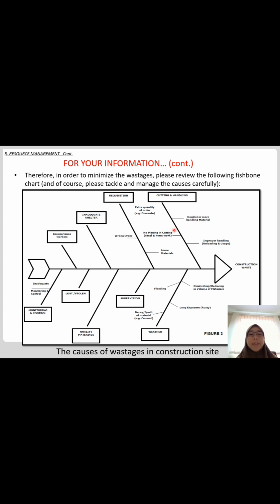No planning in cutting, for example, for steel and formwork. So they just do it wrong and get more waste for the construction. Improper handling finally leads to damage of the materials. And lastly, the weather, which is flooding, decay or spoil of material.